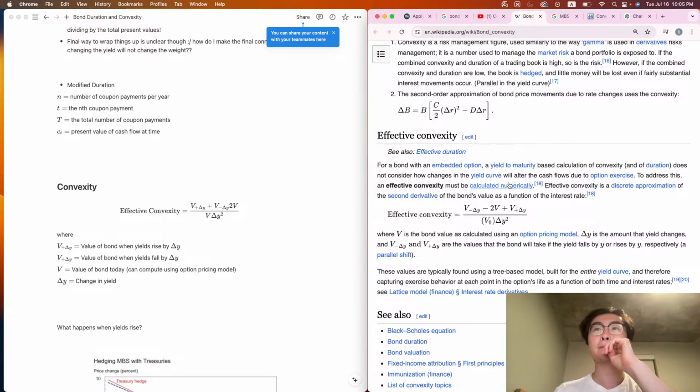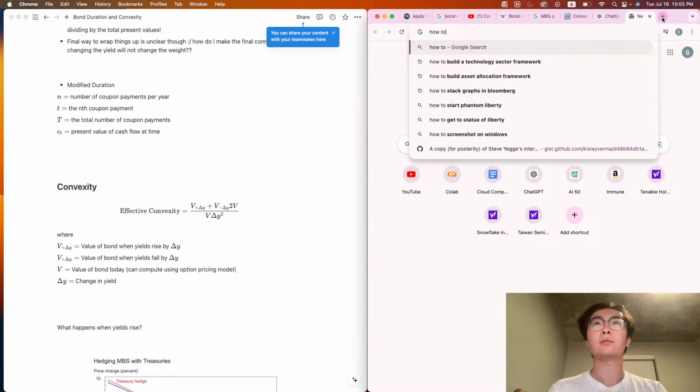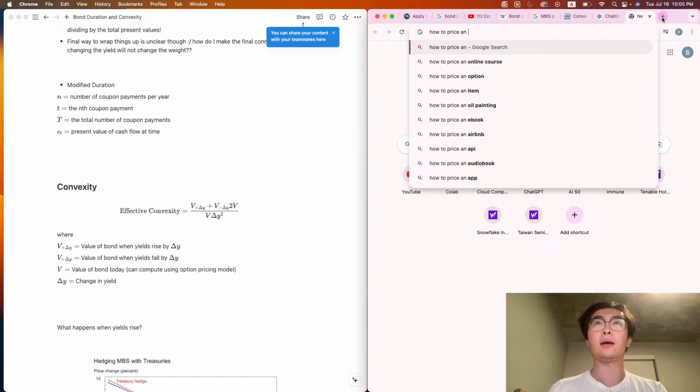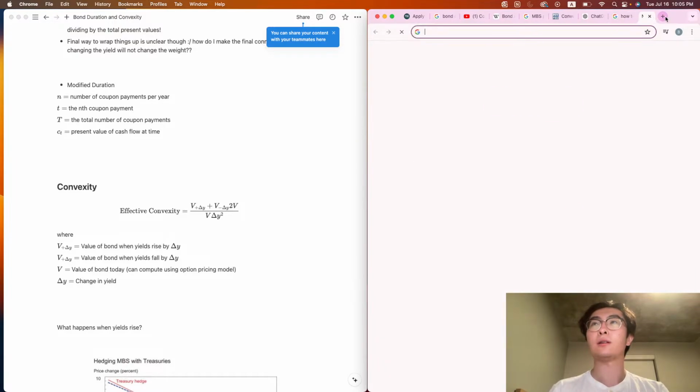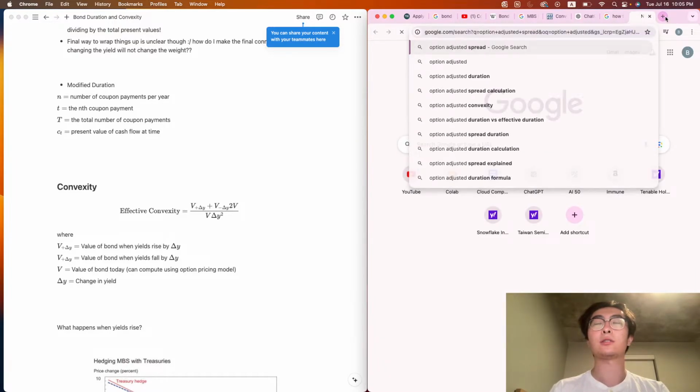And see how to price an MBS. Option adjusted spread.